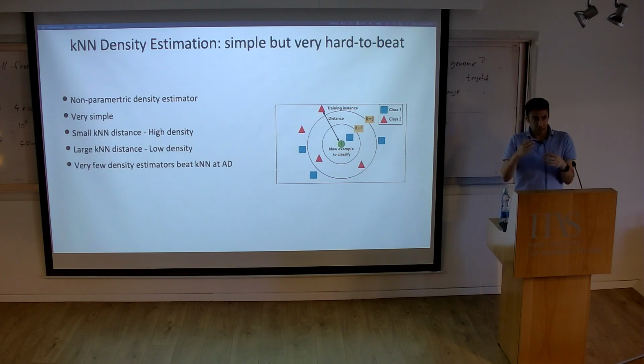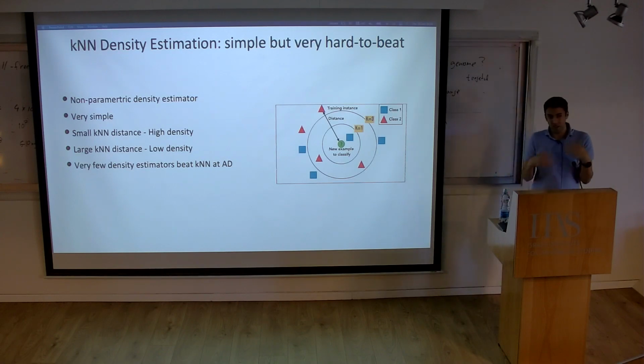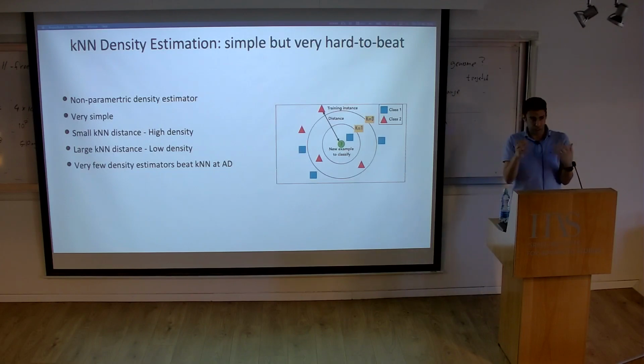And you decide how many false alarms you're willing to get, and this is how you can choose your threshold. So if you're willing to accept maybe 1% of false alarms, then you take your normal data or some normal validation set, you take all the distances, you take the top one percentile, and this is your threshold. If you're willing to have 10% false alarms, then you would choose the 10th percentile and so on.